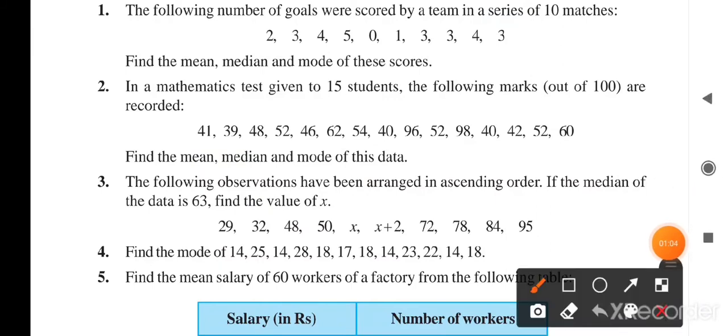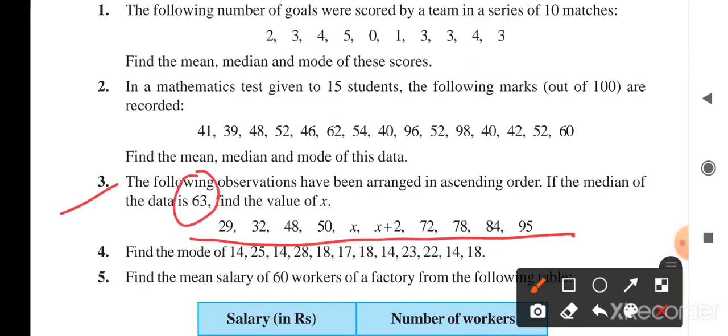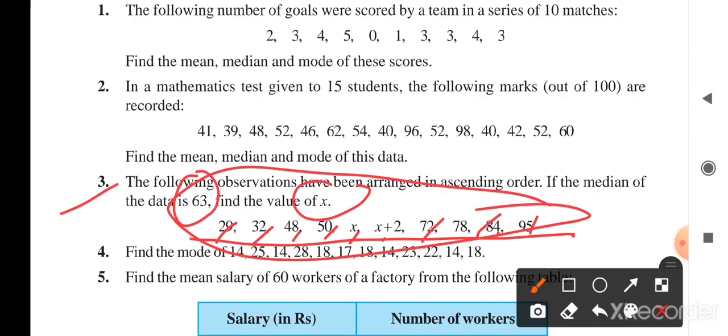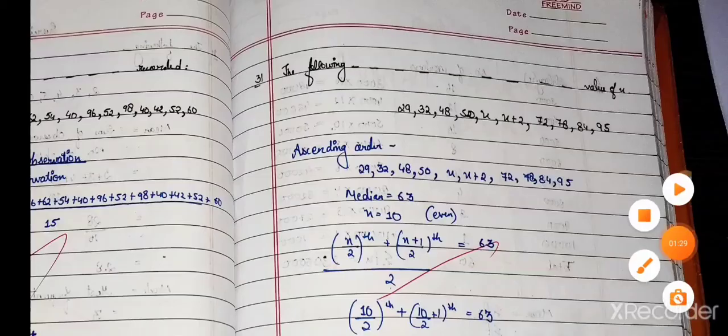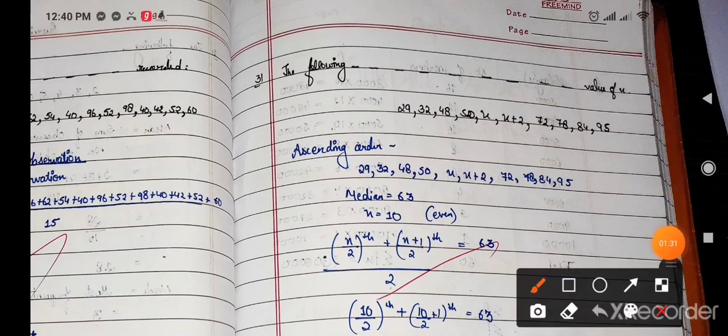Now next question, question number 3. This data is already given in ascending order and the median is also given in the question. It's 63. You have to find the value of x. Since the total number of terms is 1, 2, 3, 4, 5, 6, 7, 8, 9, 10, there are 10 terms, so we will use the formula for an even number of terms.